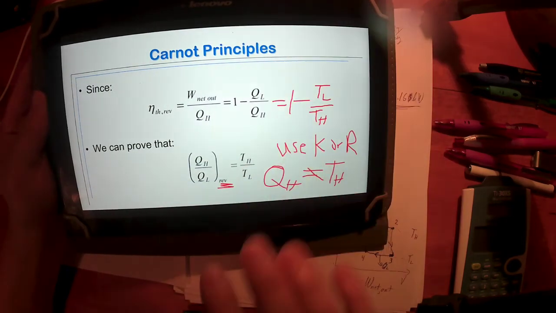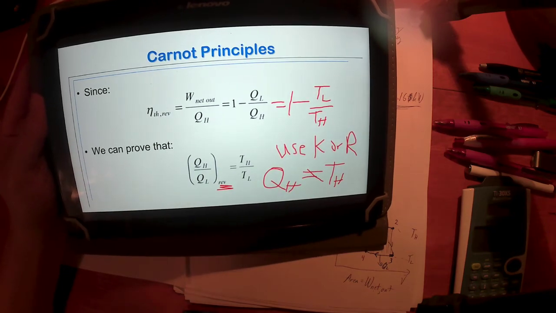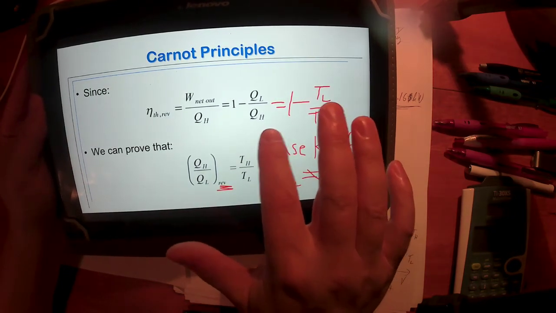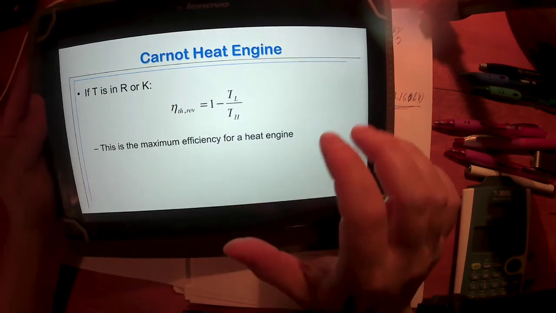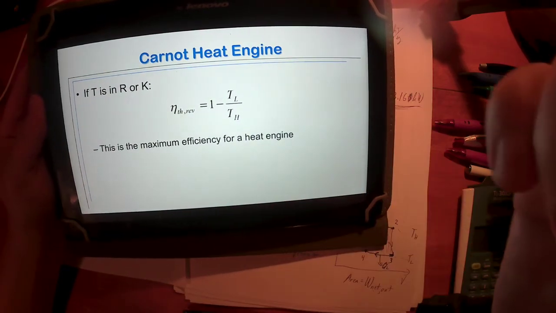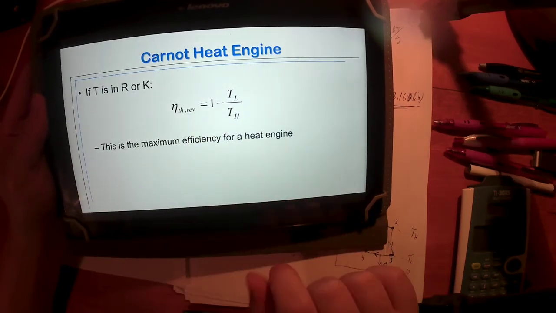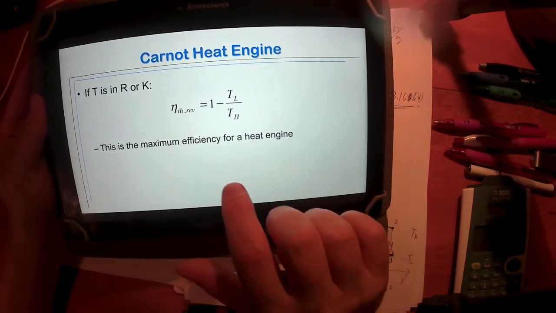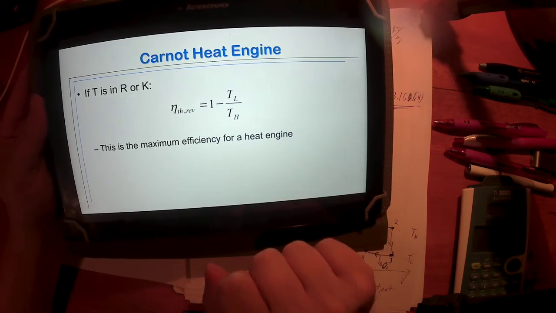And that sets the limit that we could expect for the efficiency out of an engine. And here it is here. And so if T is in Rankine or Kelvin, I've already stolen my thunder, then this is the reversible heat engine thermal efficiency. This is the maximum efficiency for a heat engine.